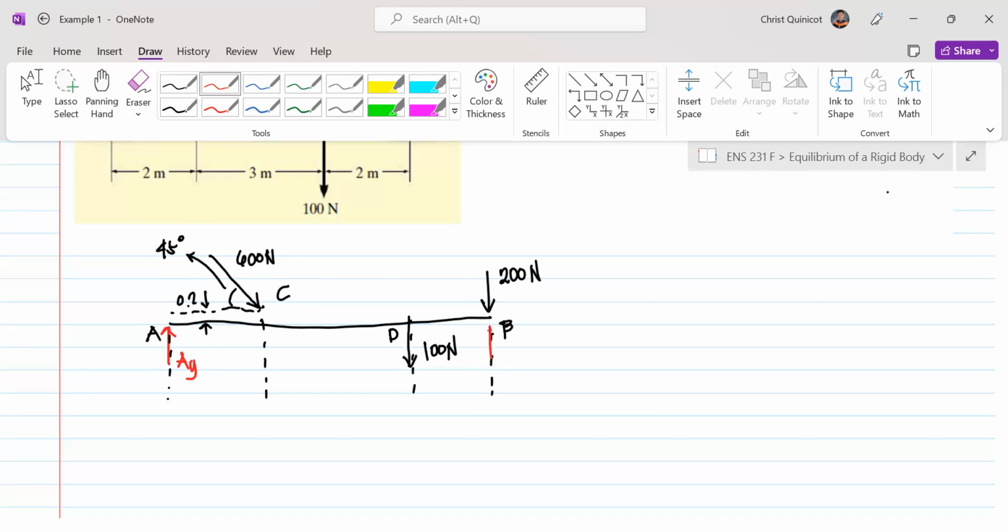We have B sub Y going up, and we have B sub X.